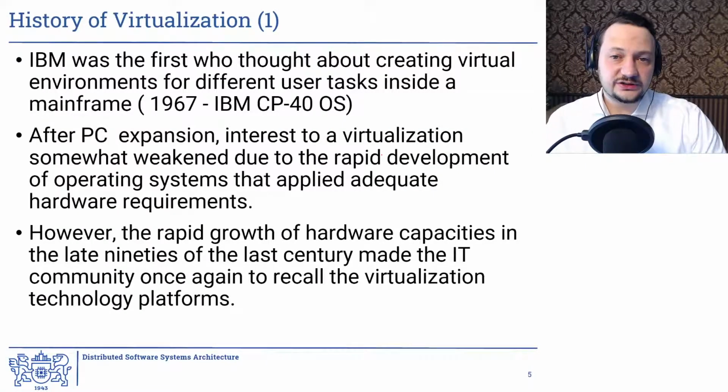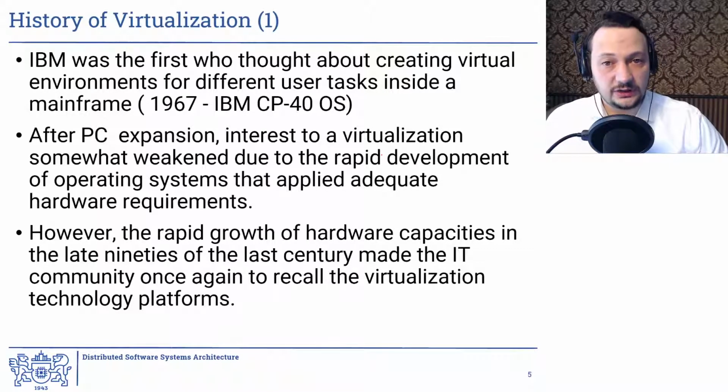Let's briefly discuss the history of virtualization and where it came from. As with a lot of things in the IT environment, at the core of virtualization lies an invention of the IBM Corporation. IBM was the first to think about creating virtual environments for different tasks inside a mainframe.